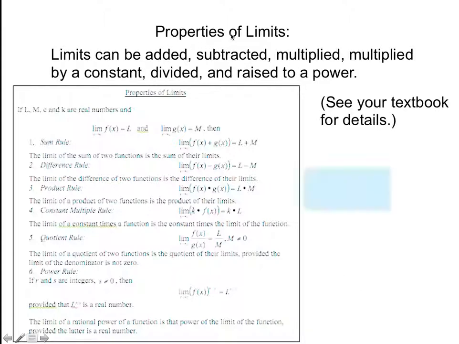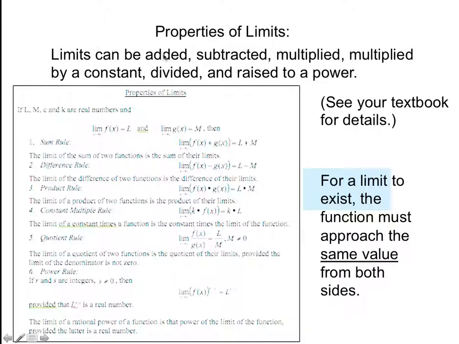Our properties of limits follow our properties of numbers. They can be added, subtracted, multiplied by a constant, divided, and raised to a power. All those things you can do with numbers, you can do with limits. If we have a function f and a function g, and we add them together, their limit is the sum of each individual limit. Or if we subtract them, then their limit is the difference of each individual limit.